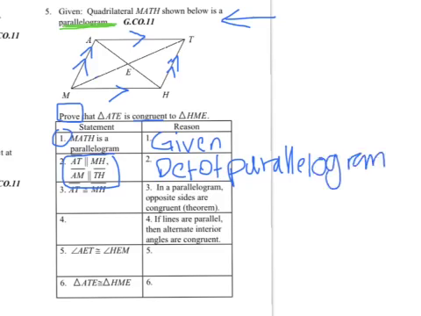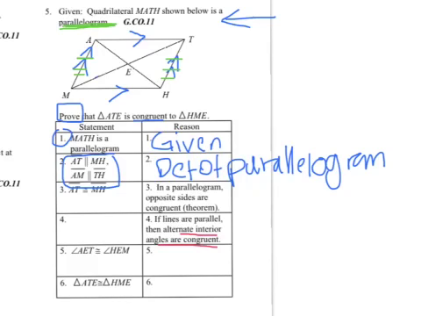The next part says, in a parallelogram, opposite sides are congruent, and AT and MH are equal. So they're kind of telling us this in the proof, that these sides are equal, and they told us the reason. The next part says, the reason is that if lines are parallel, then alternate interior angles are equal.